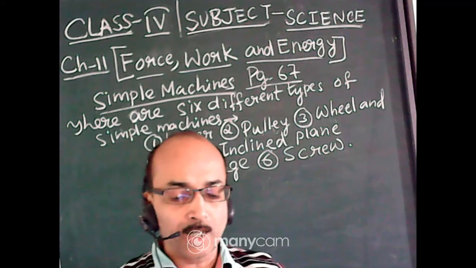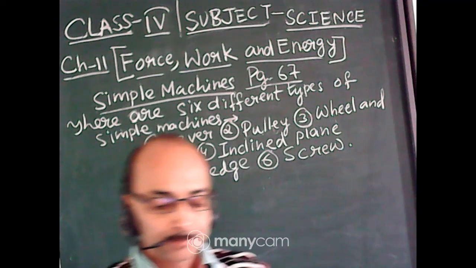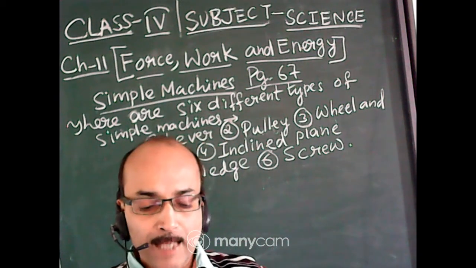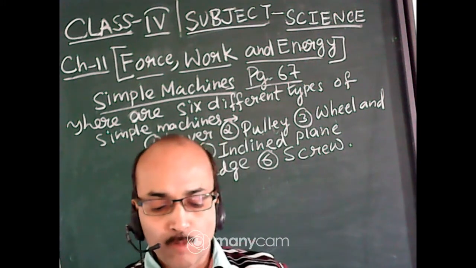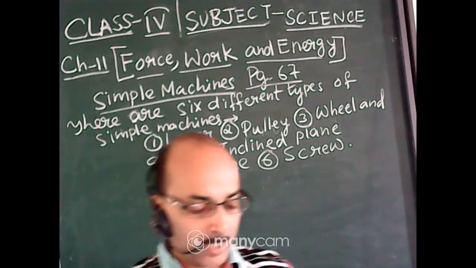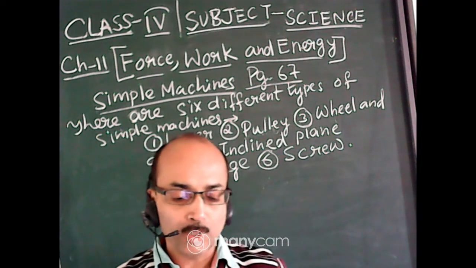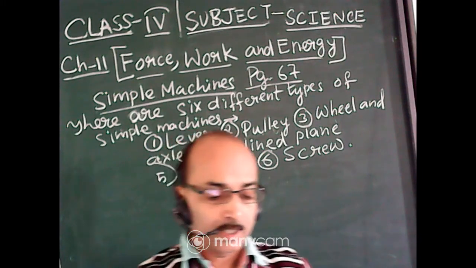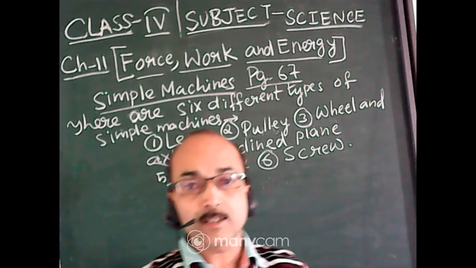Pulley is a simple machine used to draw water from the well. Inclined plane is used to load heavy barrels, sacks, etc. onto trucks. It is basically a slope over which a load can be pushed or pulled easily. A screw is used to hold things together. It is basically a nail with grooves cut into it.